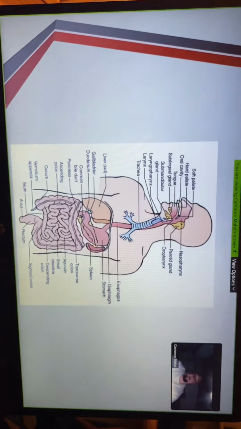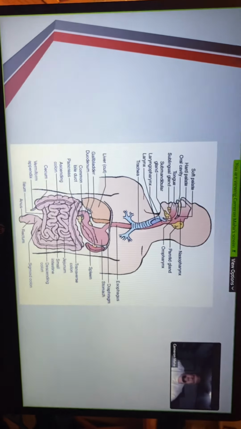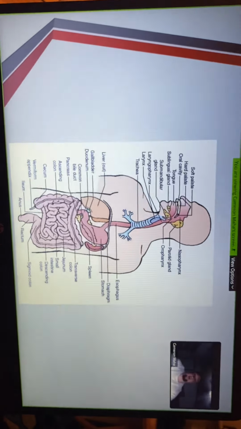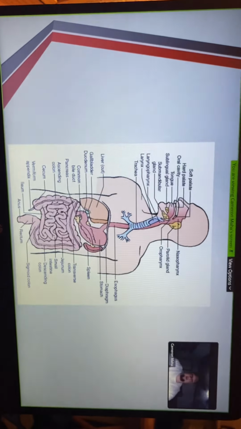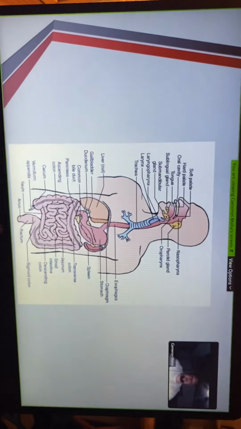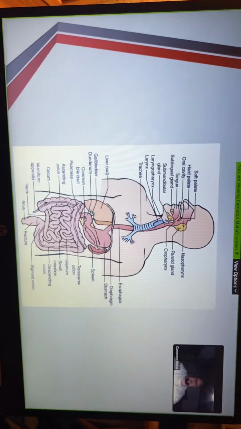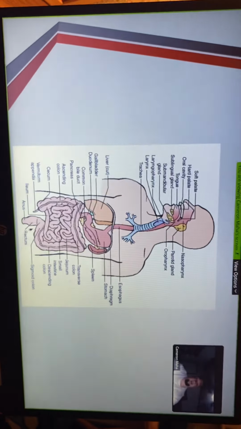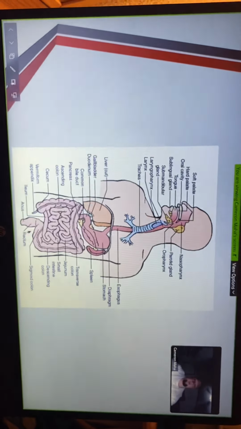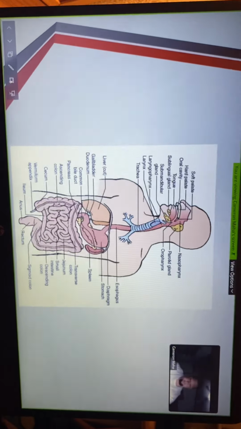From the stomach, it'll travel into the small intestine, and this is where a lot of your absorption of nutrients will take place. And then from the small intestine, you'll go to your large intestine, which keeps digesting the food, and then it'll ultimately end in coming out of the rectum, or using the bathroom.